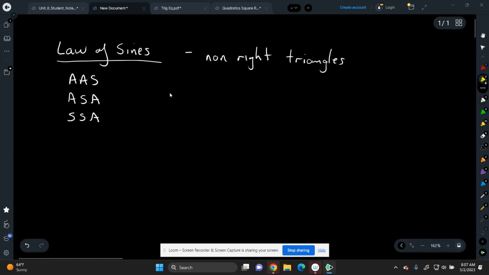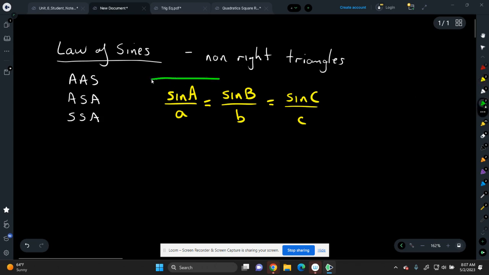So the law of sine looks like this. Sine A over A equals sine B over B, which equals sine C over C. Basically, that means I can set up any proportion using any two of these ratios.